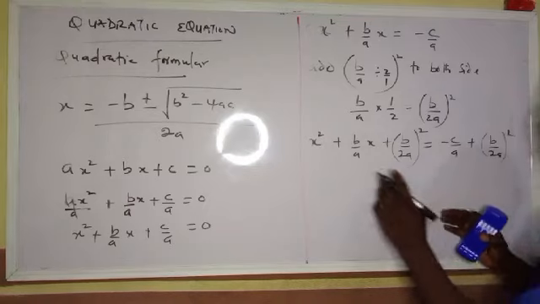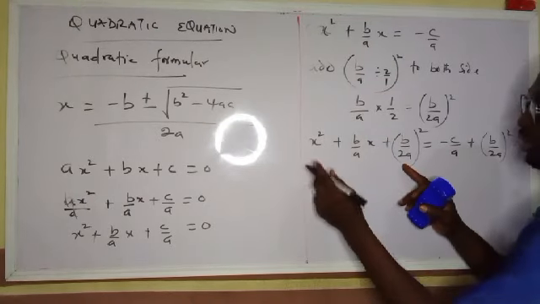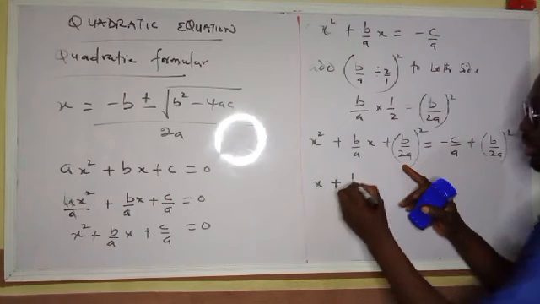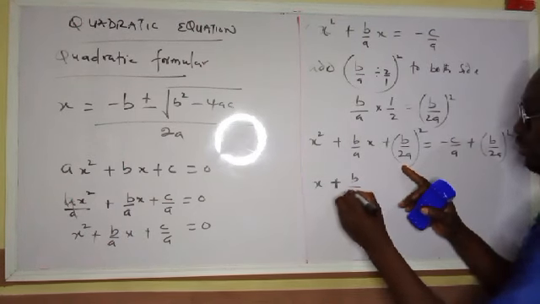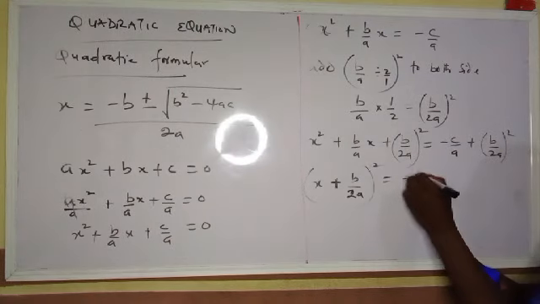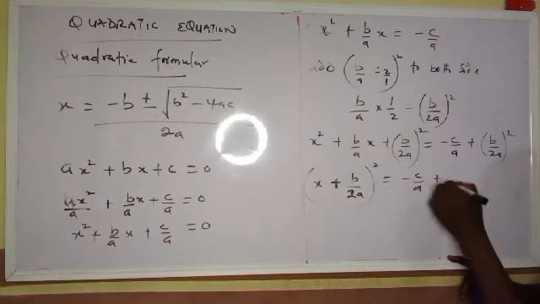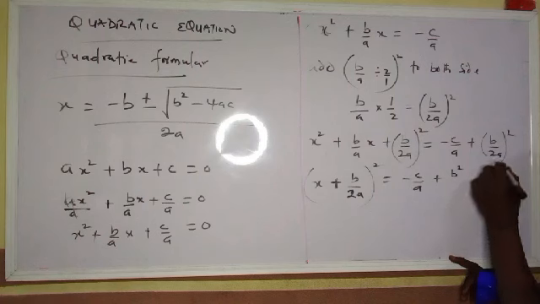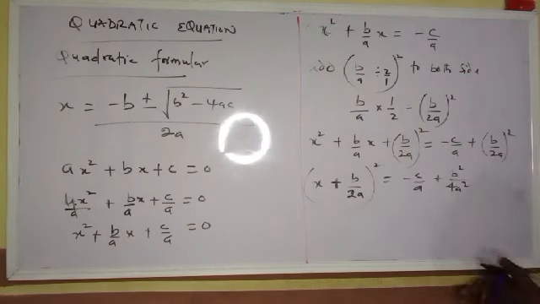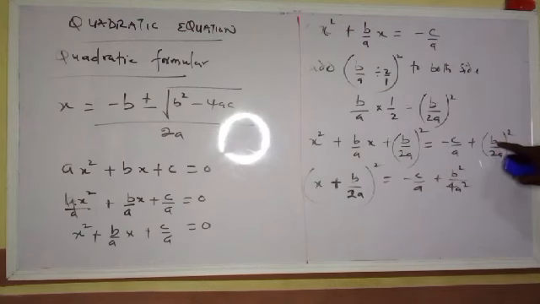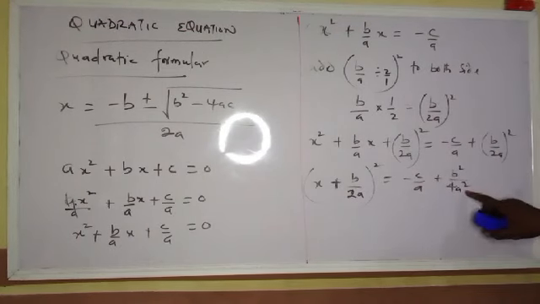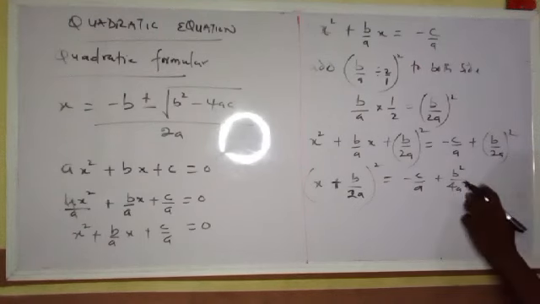So now we have to factor this out. We take x plus b over 2a, everything squared, is equal to minus c over a plus b squared over 4a squared. That is, we square b, then 2 squared is 4, and a squared we have here already.